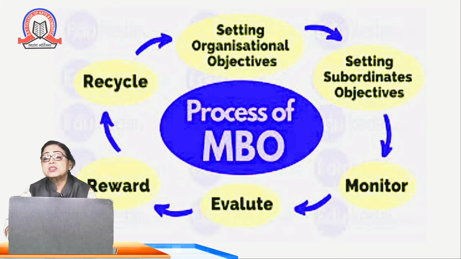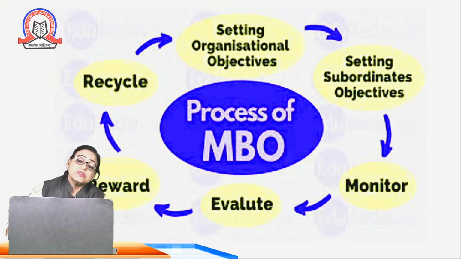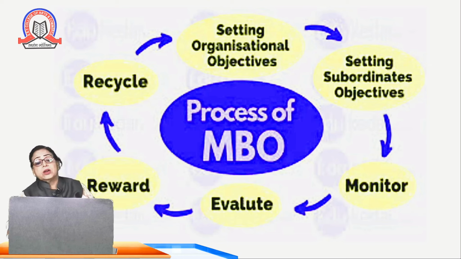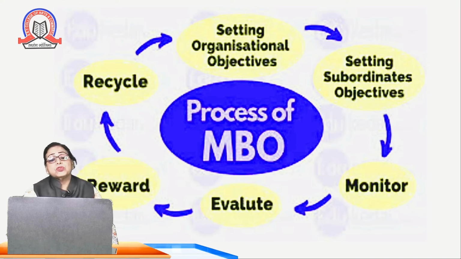Setting subordinates' objectives. First, the managers are setting the company's objectives, then they are setting the subordinates' objectives, for those who are interested in coming along with their new ideas or work patterns. They are also given certain objectives and they accept those objectives or targets happily and with high morale.